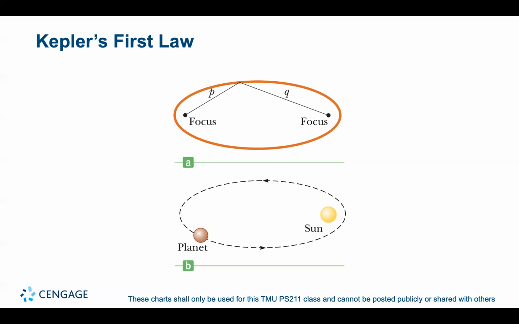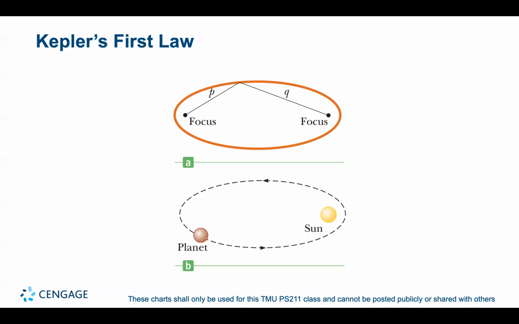As shown in the top figure, an ellipse is a curve drawn so that the sum of the distances from any point on the curve to the two points called focal points, or foci (singular focus), is always the same. The semi-major axis, a, is half the distance of the line that goes across the ellipse and contains both foci.